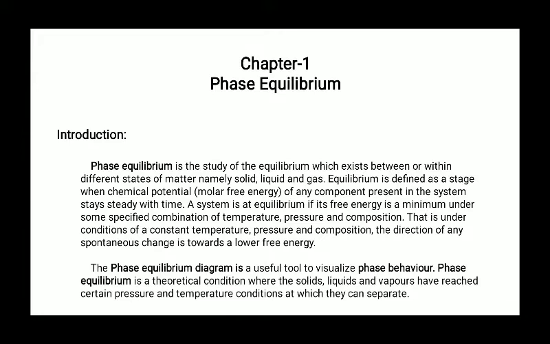The phase equilibrium diagram is a useful tool to visualize phase behavior. Phase equilibrium is a theoretical condition where the solid, liquid and vapor have reached certain pressure and temperature conditions at which they can separate.